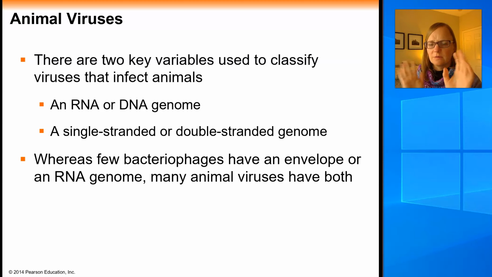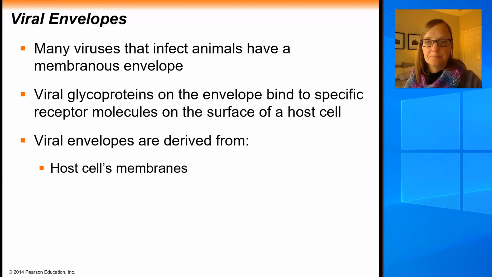So again, just to compare and contrast animal viruses versus bacteriophages, typically bacteriophages have DNA genomes, whereas animal viruses can have the whole gamut of different kinds of genomes. And then bacteriophages, very few of them, if any, have an envelope, and very frequently animal viruses will have that viral envelope. So let's talk a little bit more about this viral envelope.